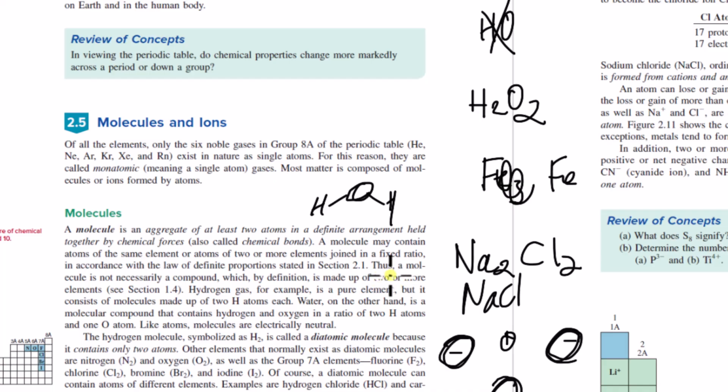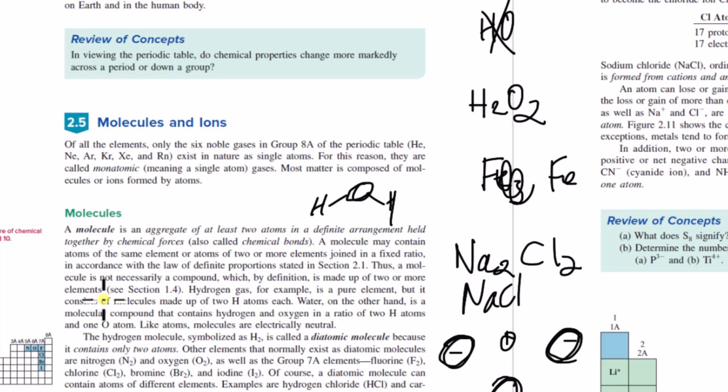Okay, thus a molecule is not necessarily a compound, which by definition is made up of two or more elements. Remember, a compound is a substance made up of two or more elements. You can have different types of atoms, different isotopes, but two or more elements. Whereas a substance made up of only one type of element is an elemental form.